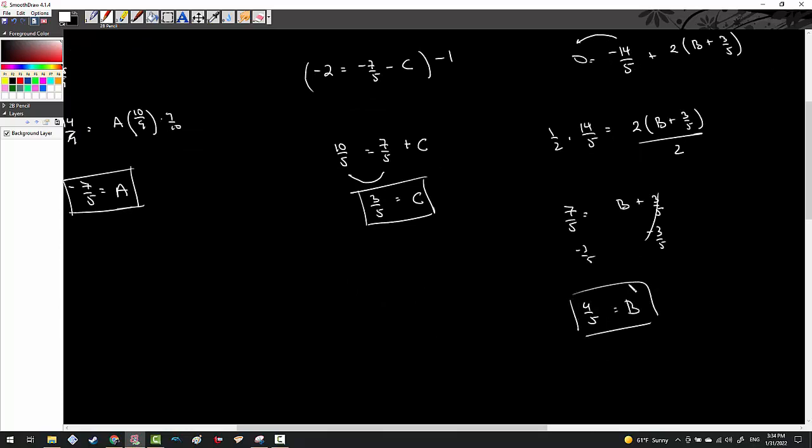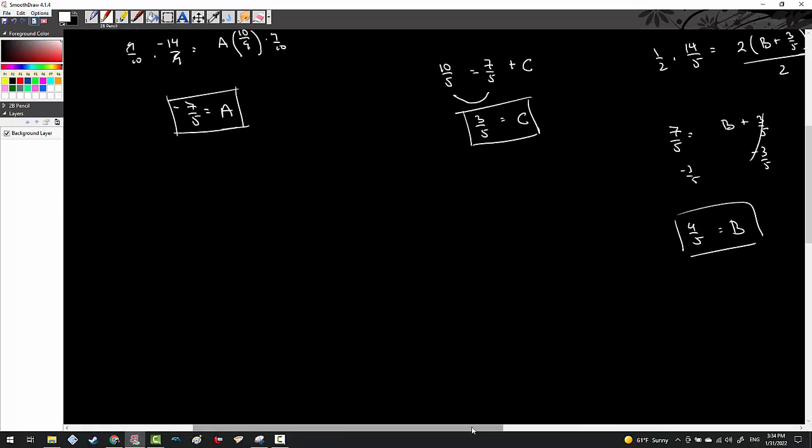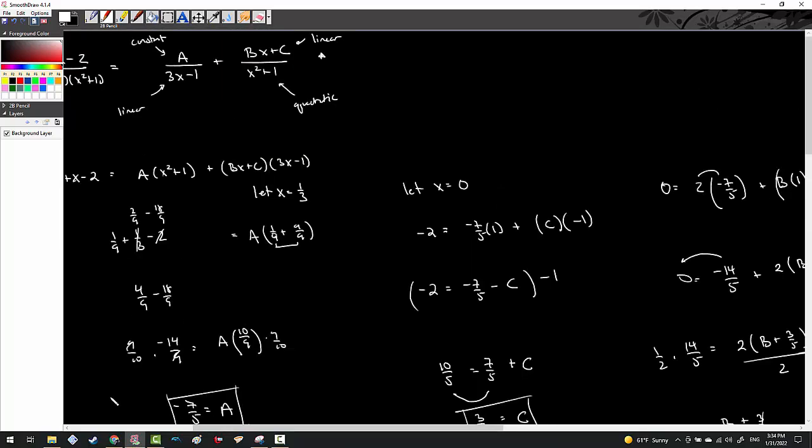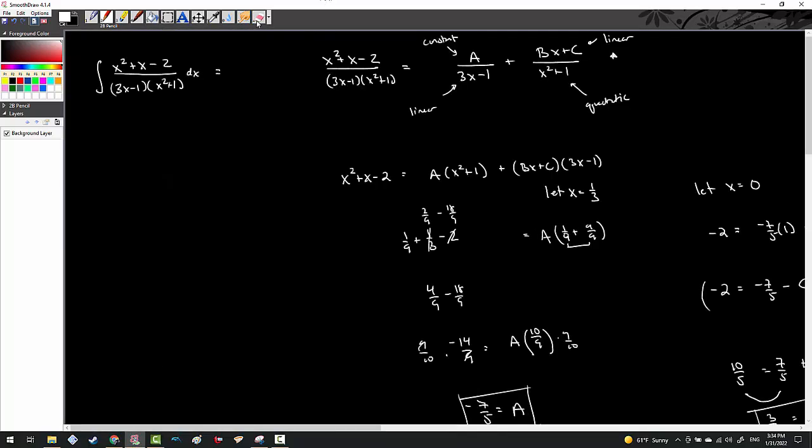Now, I've done a lot of math, but believe it or not, we haven't done any calculus yet. So now that I have my values for a, b, and c, now I can say that the integral, I'll copy him in because I want to make sure that we have this within context here.